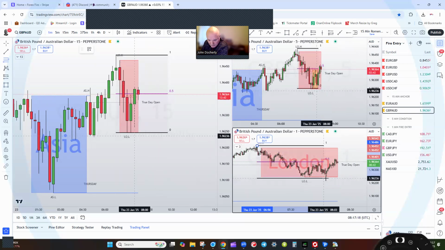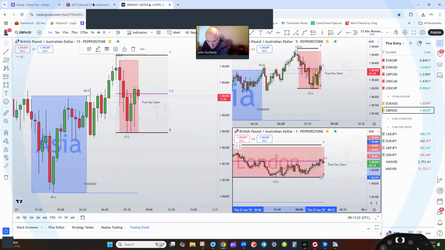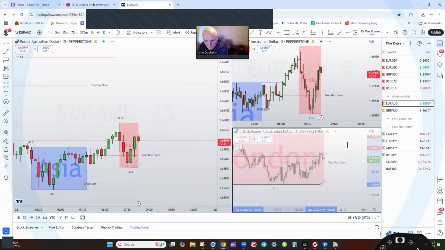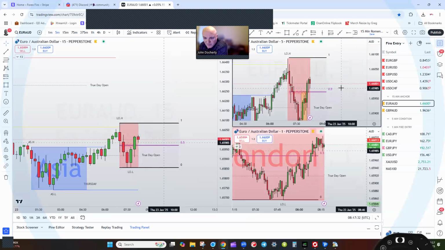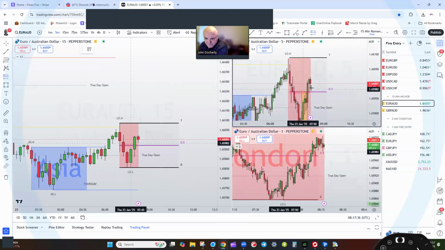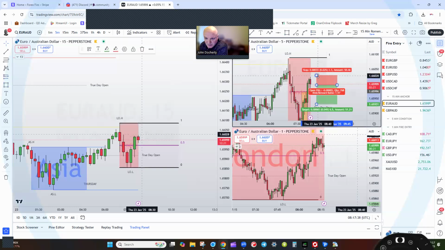Again, we'll go high down to that low. We're looking for bullish followed by a bearish engulfing. So there's two we're watching at the minute on this. Looks like we may be getting an entry on the euro odd, or a possibility of one.